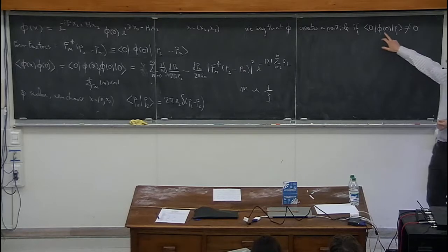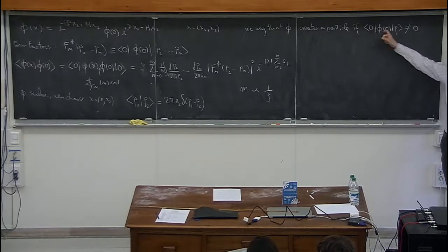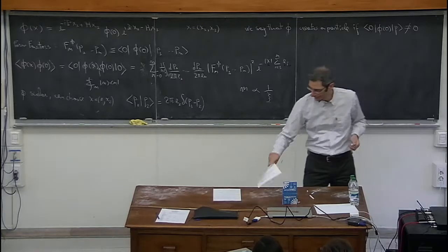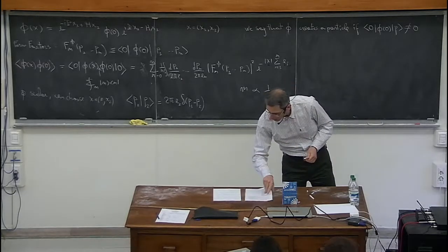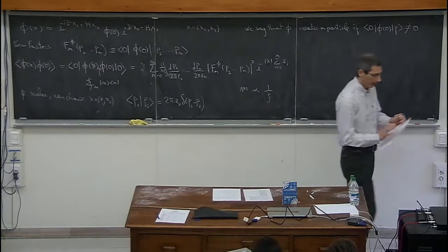So this means that phi acting on the vacuum creates, in particular, a one particle state which has non-zero overlap. Okay, that's enough for the definitions on this very general part.